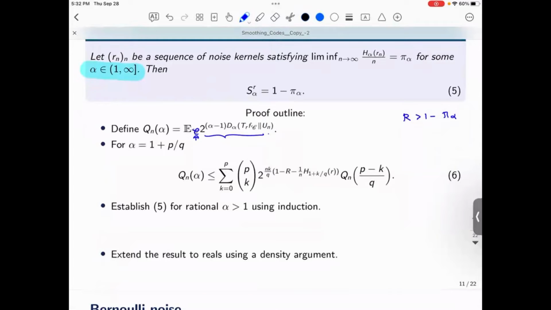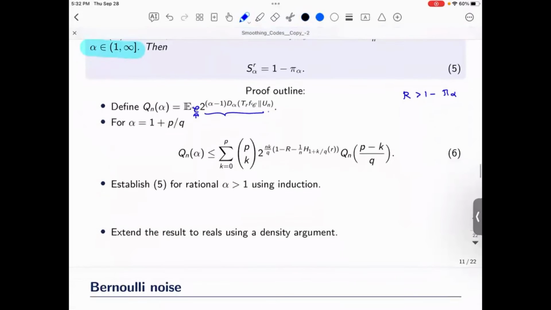Then, for rational alpha values greater than 1, with some calculations I can obtain this upper bound. You can see here you have alpha, and here you have some other values, but these values are smaller than alpha minus 1.